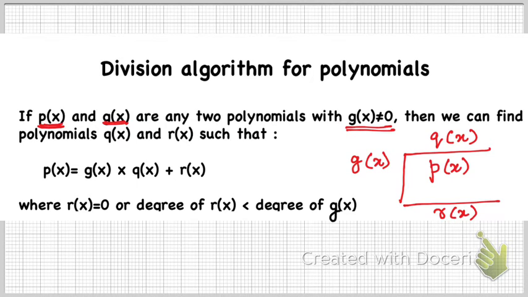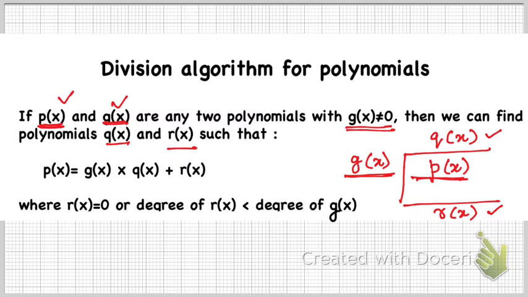So if p(x) and g(x) are any two polynomials with g(x) not equal to 0, then we can find q(x) and r(x), the quotient polynomial and the remainder polynomial respectively.